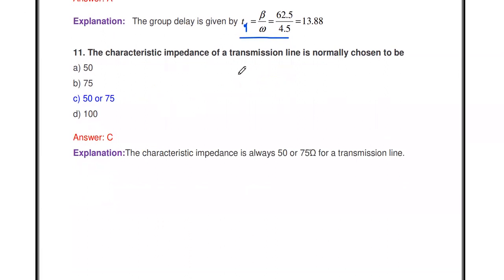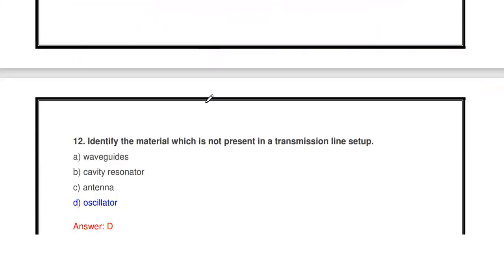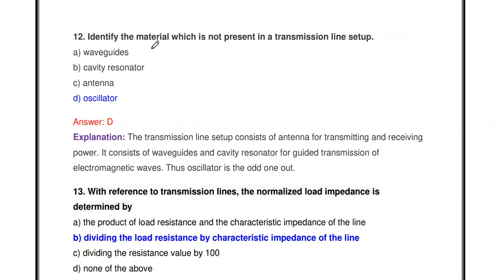Then the next question: the characteristic impedance of a transmission line is normally chosen to be dash. Generally, the characteristic impedance is normally chosen as either 50 or 75. Okay, so normally it is chosen as 50 ohms or 75 ohms. Then the next question: identify the material which is not present in the transmission line setup.